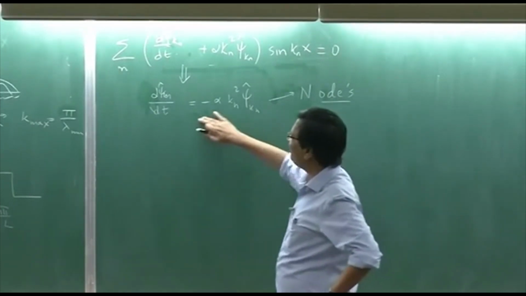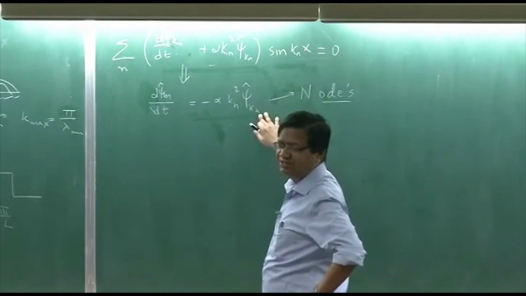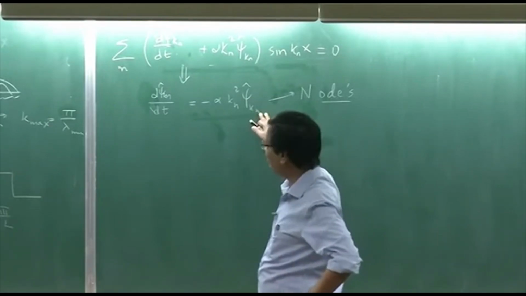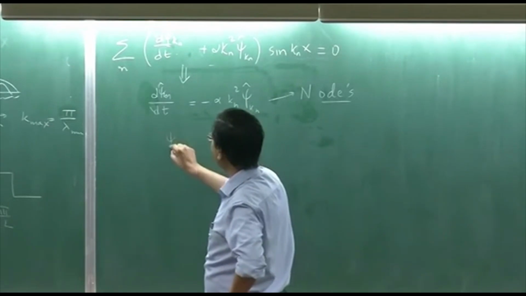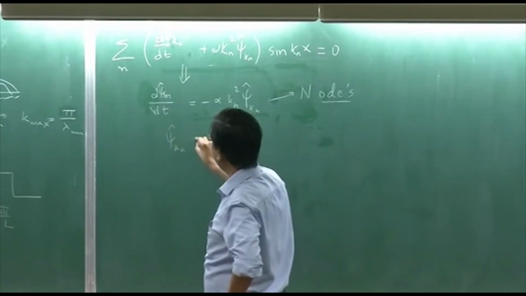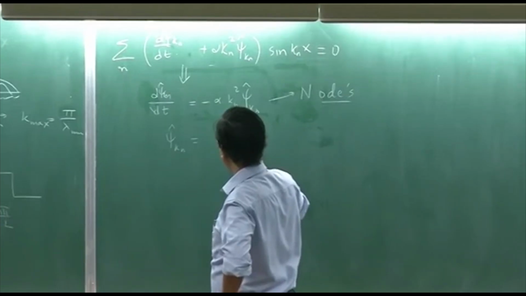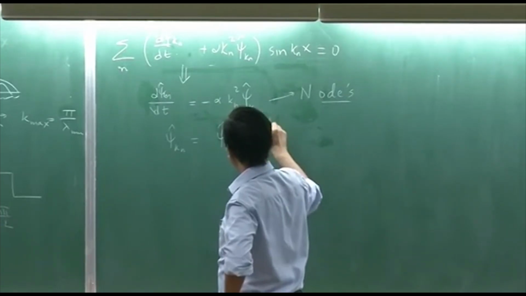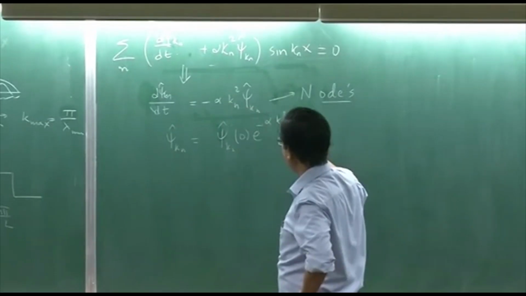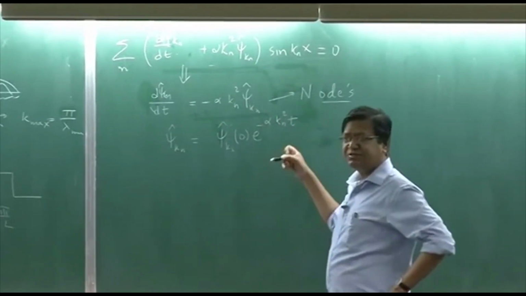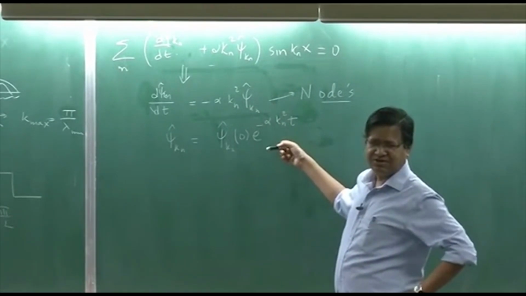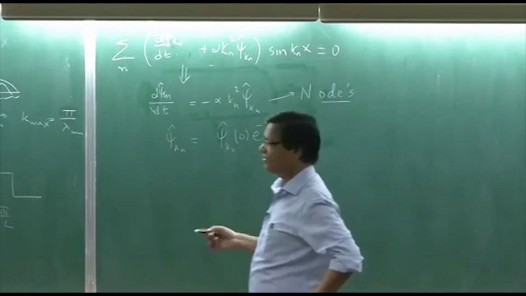It turns out this linear equation has an exact solution. This is what Fourier did. Fourier wasn't using a computer. So what is the solution for this? psi hat of k n is equal to psi hat n at t equal to 0 times exponential of minus alpha k n square t. Now each of them has an exact solution. So what is my final solution?